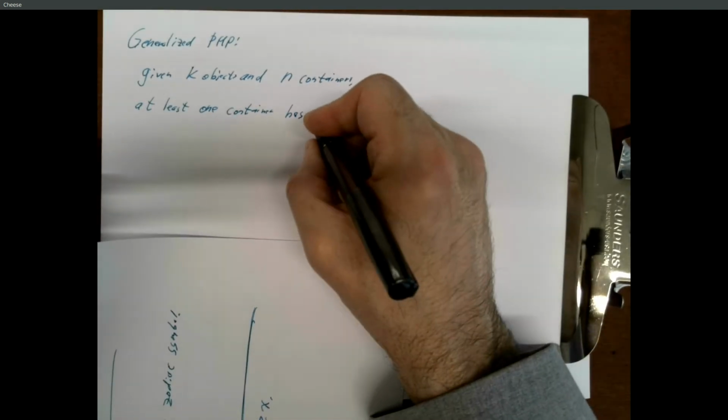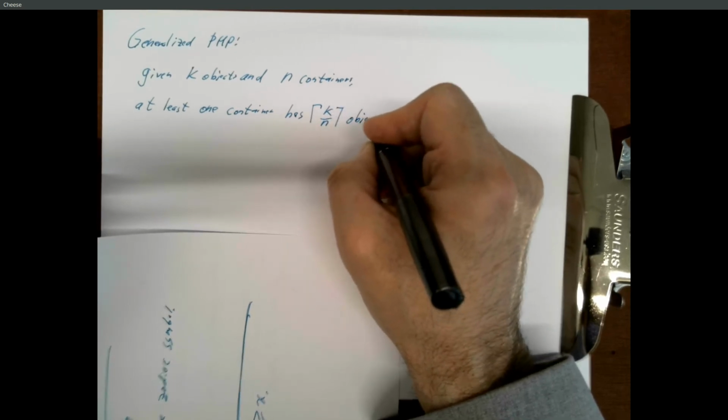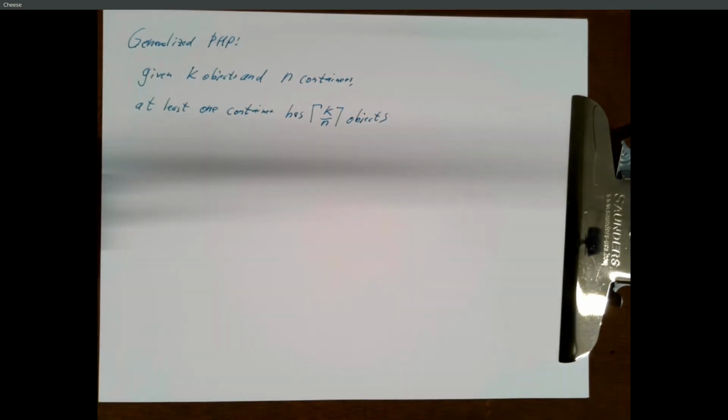Don't write this down until we figure out if this is correct. I think it's going to be ceiling k over n objects.